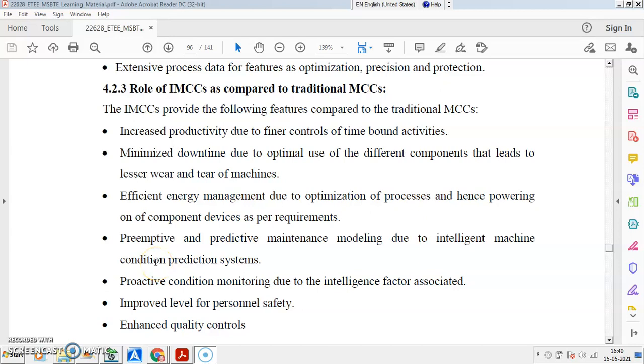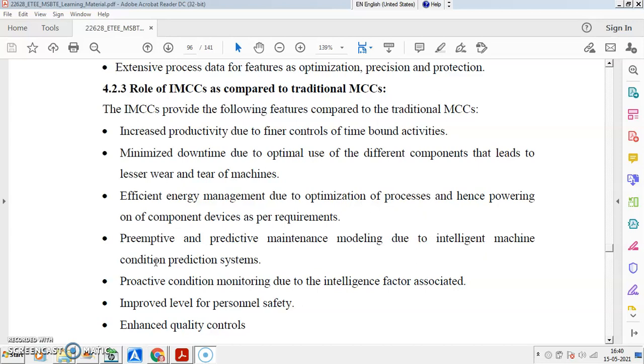IMCC, that is Intelligent Motor Control, compared to the traditional motor control units. Intelligent Motor Control provides the following features compared to the traditional motor control units.